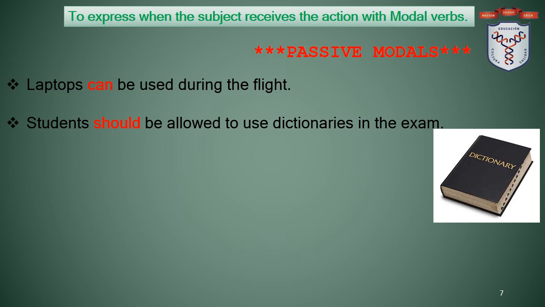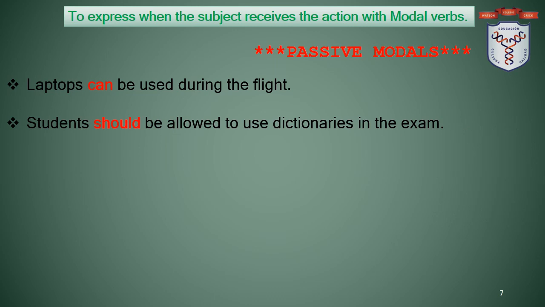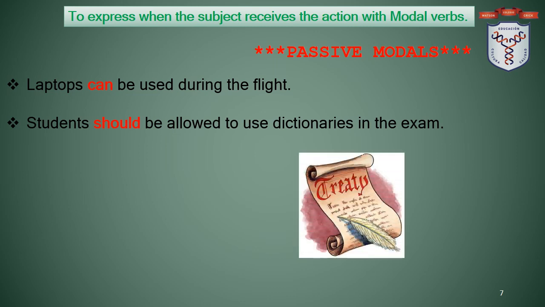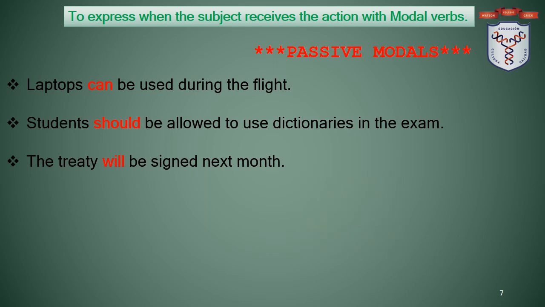The subject is students, the modal verb is should, the verb to be, and the verb in past participle, allowed. The treaty will be signed next month. Subject, the treaty. Modal verb will, verb to be, and the verb in past participle, signed.